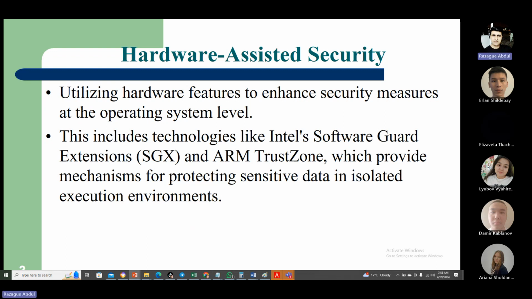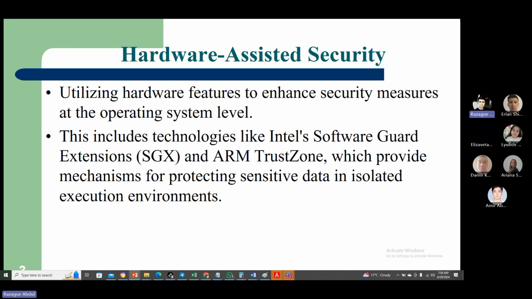First of all, understanding hardware-assisted security involves the integration of physical hardware features, especially designed to handle security processes alongside the operating systems. This integration is important in creating a robust security framework that can provide a hardened barrier against various types of cyber threats, for example, exploited software vulnerabilities.